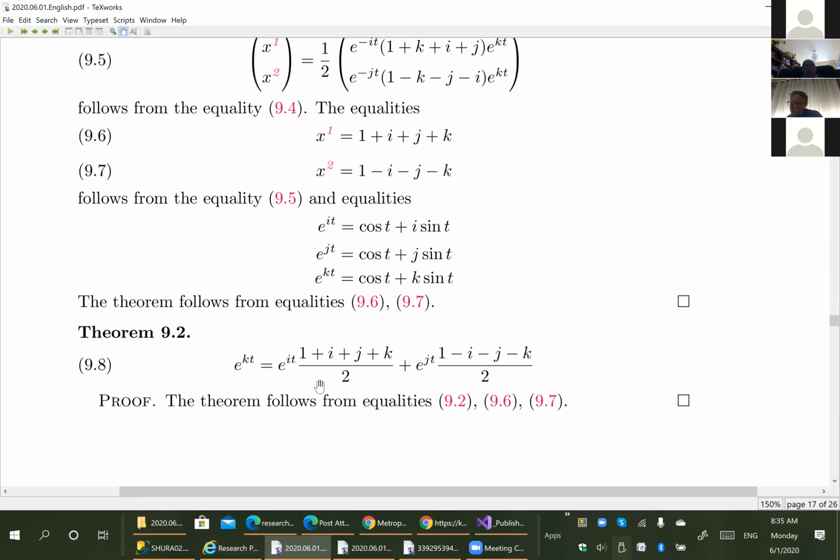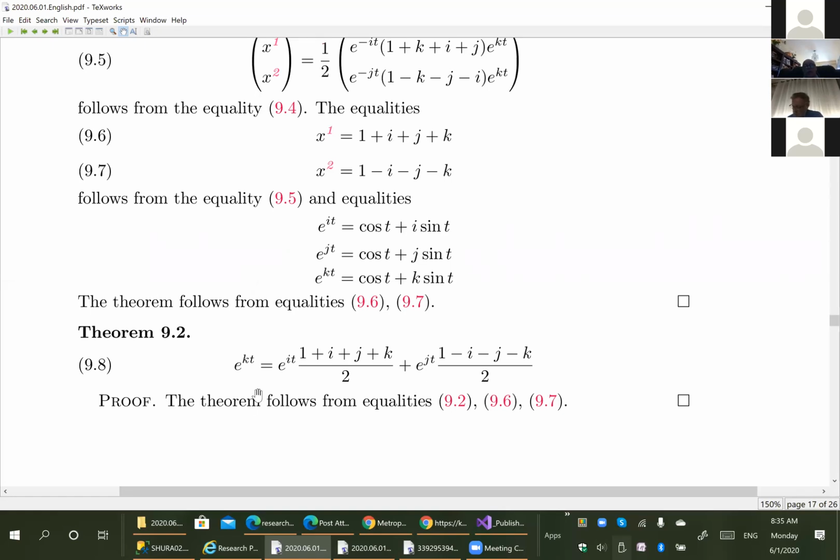Here it works the opposite way. Even more, in the non-commutative case, exponent of a times exponent of b does not always equal exponent of a plus b; I should require that a and b commute.